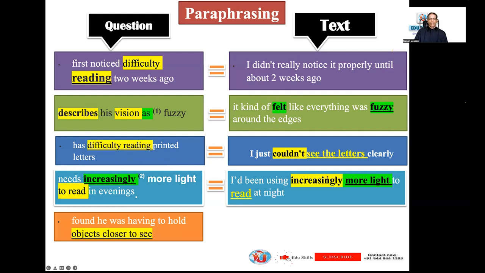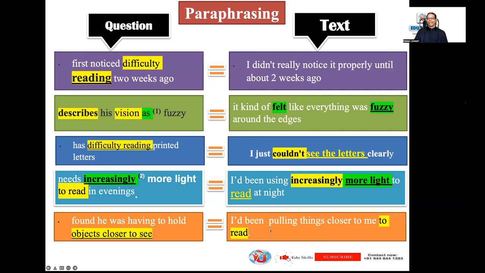And found he was having to hold objects closer to see. See, the audio says, had been pulling things closer to me to read. Found he was having to hold objects closer to see. I'd been pulling things closer to me to read. See, here I'd been means first person. I am explaining. The patient is explaining.